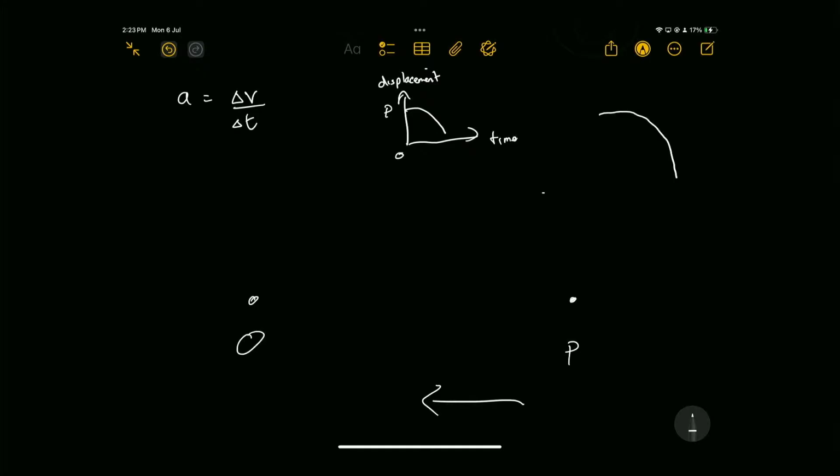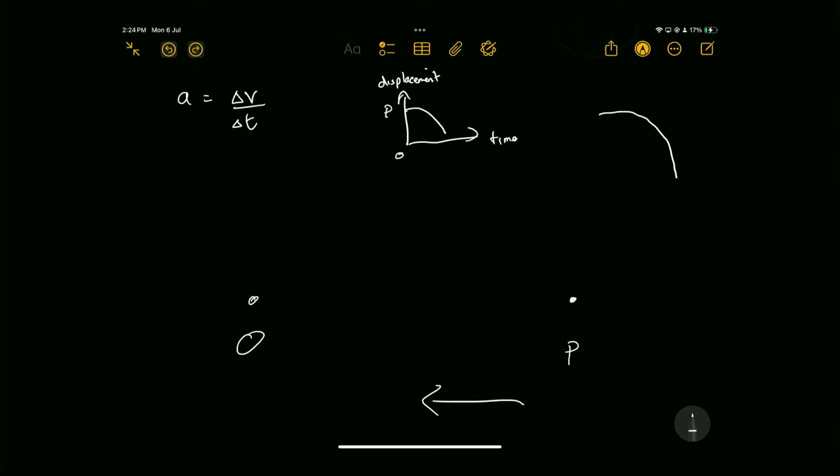As we saw, for a stationary object, we could draw the graph like this: a flat horizontal line. So originally, the ball was stationary, and then it started moving with a very small velocity, and as we could see, as time increases, the slope increases.